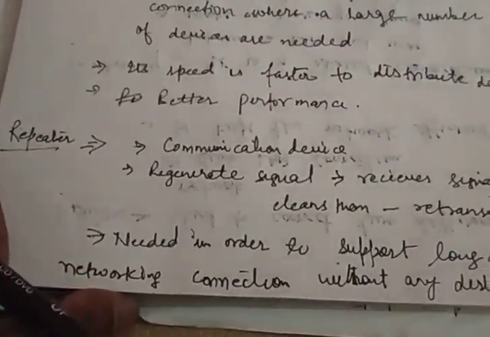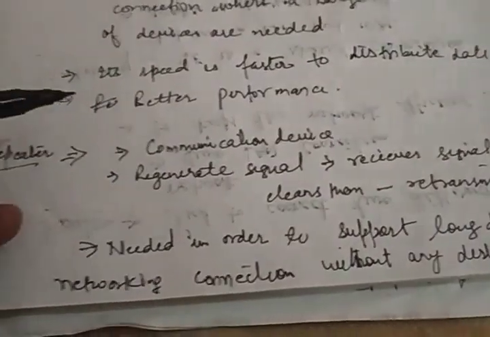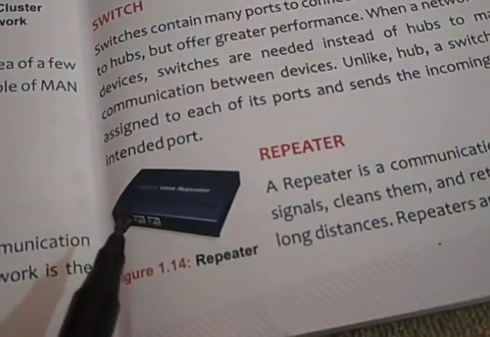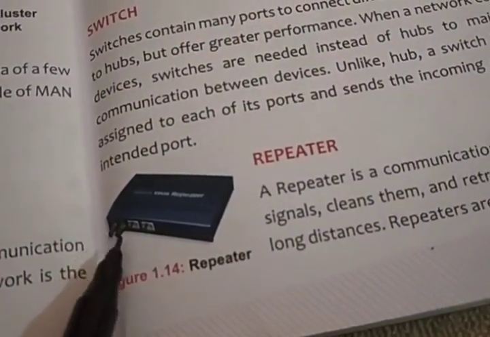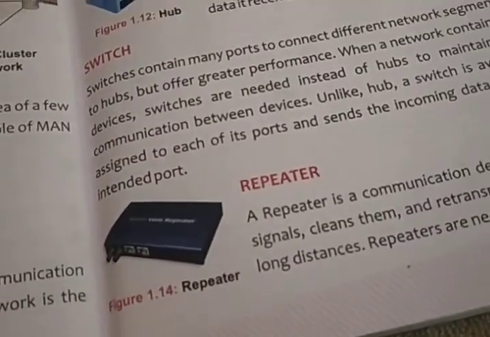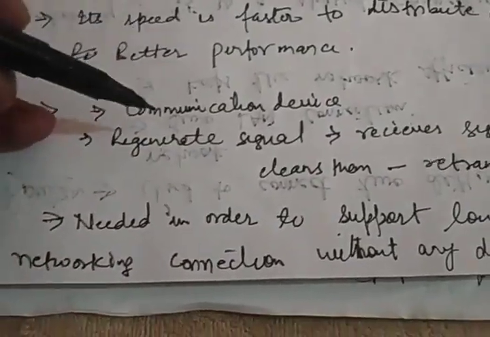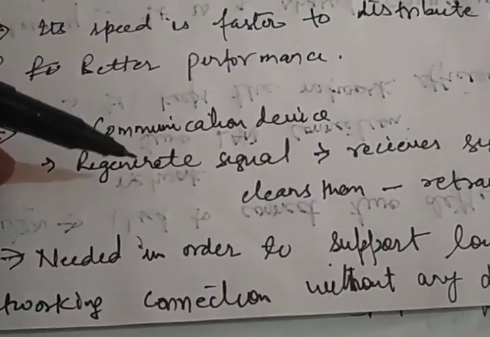Now the repeater. You can see the figure of the repeater. Here you can connect the cables of the devices. It is a communication device that is used to regenerate the signal. Regenerate the signal means it filters the signals.